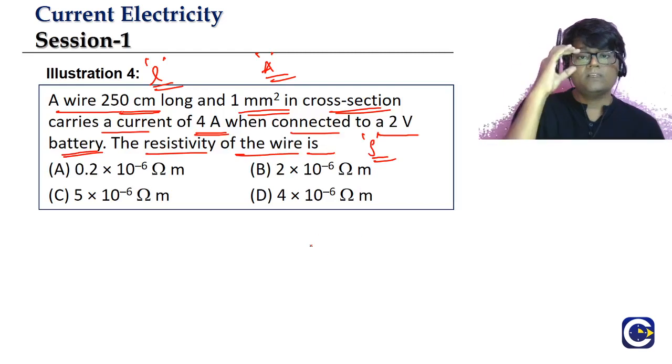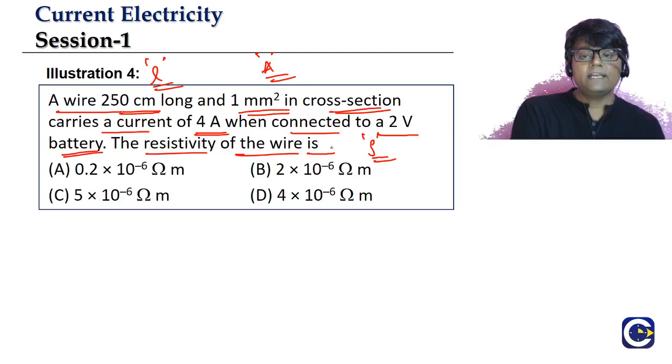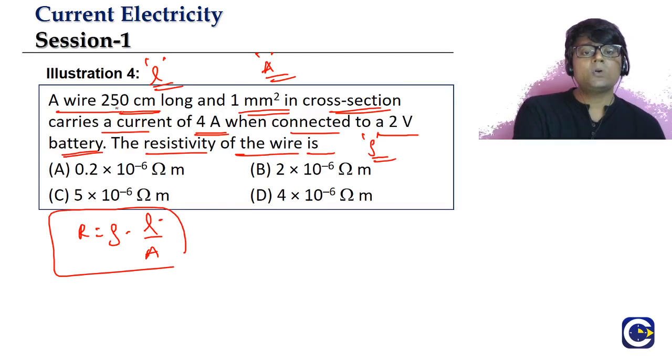So what is the formula we have for getting the rho value? We know only one formula. What is the formula we know, guys? R is equal to rho into L by A. Now L is known to us. Of course, we have to change the units into the SI system. A is also known. We can change that also. Then R must be known. They didn't give us the R value, right? How do we know the R value?